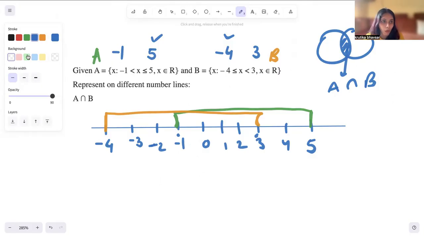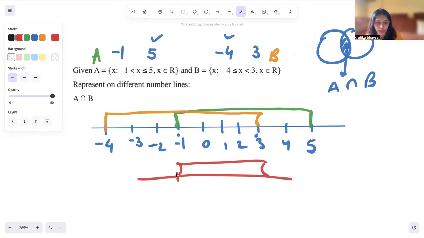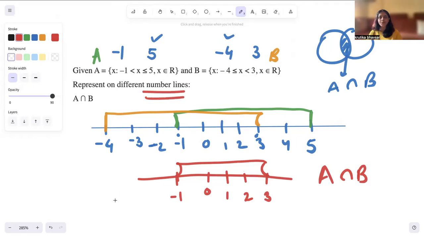So here there is an open bracket, here there is an open bracket, right? So this is going to be your number line for A intersection B, -1, 0, 1, 2, and 3. So we see where they collide together.